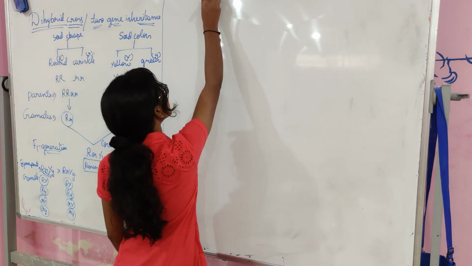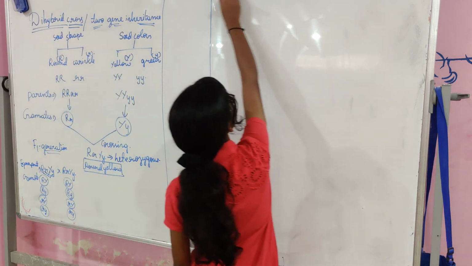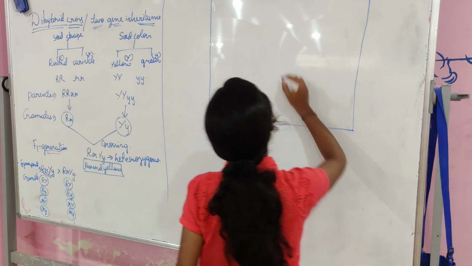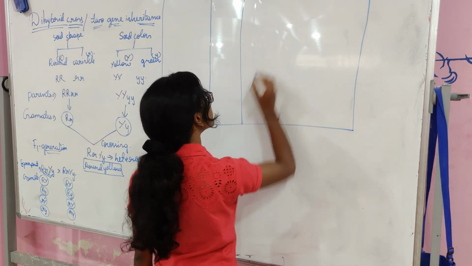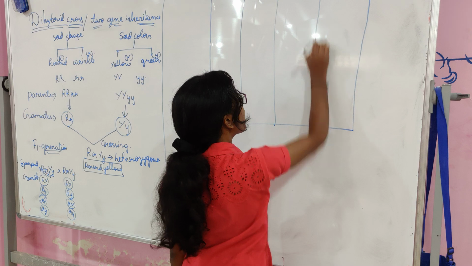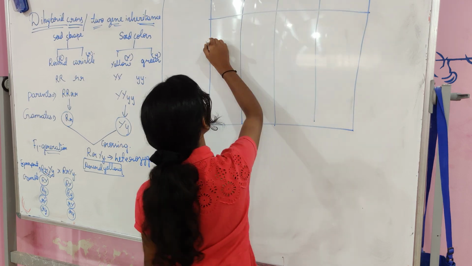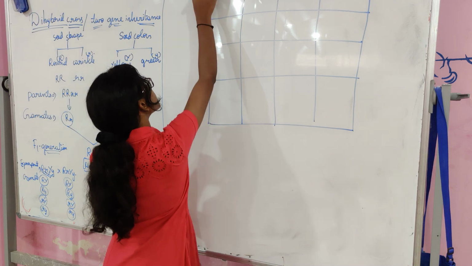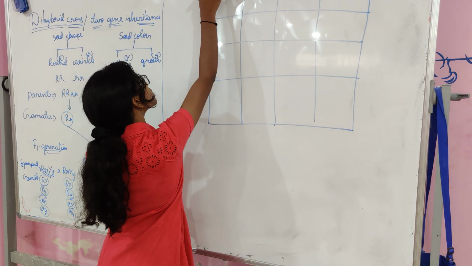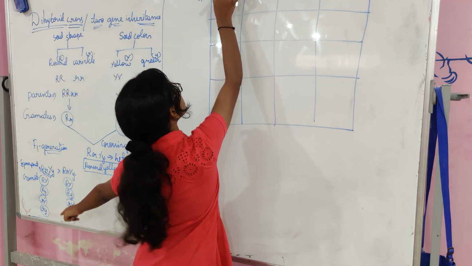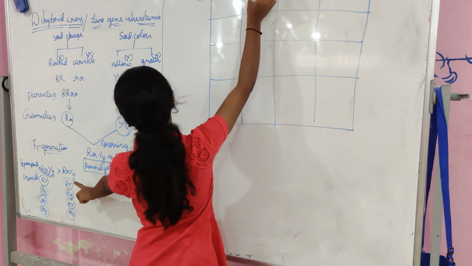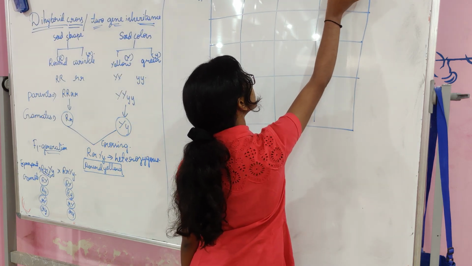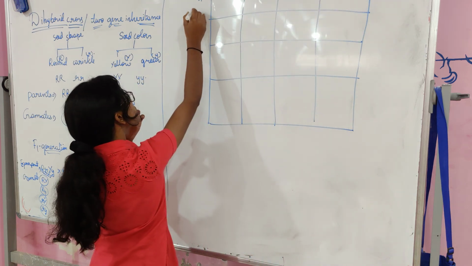So when I take the Punnett square for this, this side female, this side male, and the gametes are RY, Ry, rY, ry. Here also it will be the same.